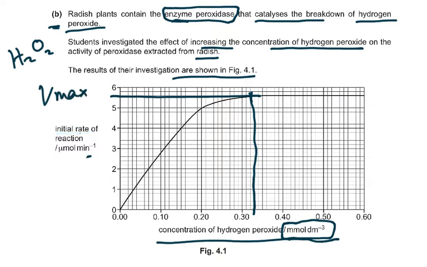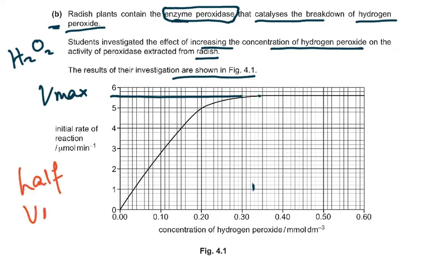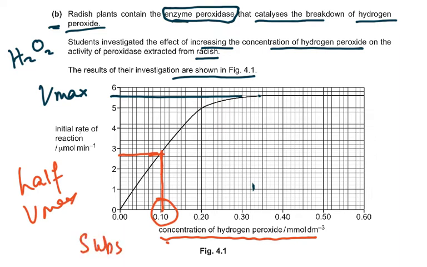Once you've calculated the Vmax, you have to calculate half the Vmax. Say half the Vmax was, it's not 3, actually, it's 5.5, so 2.7, somewhere here. And then you read off the graph. So the Km is the substrate concentration at half Vmax.